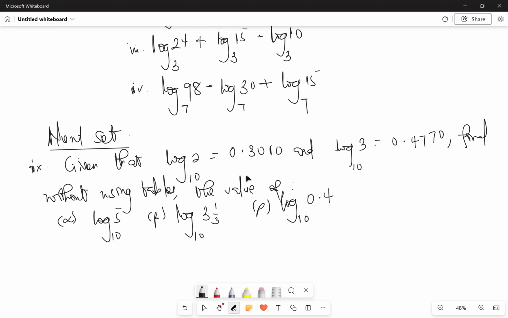So you see, they mention in the question, do so without using tables. As we ascend in this lesson, I will show you logarithm tables and how to use them. But they say we shouldn't use that. Use tables, or in other words, calculator.